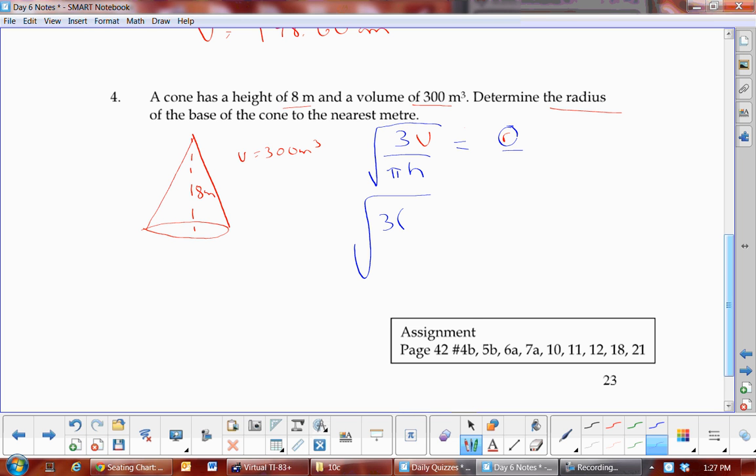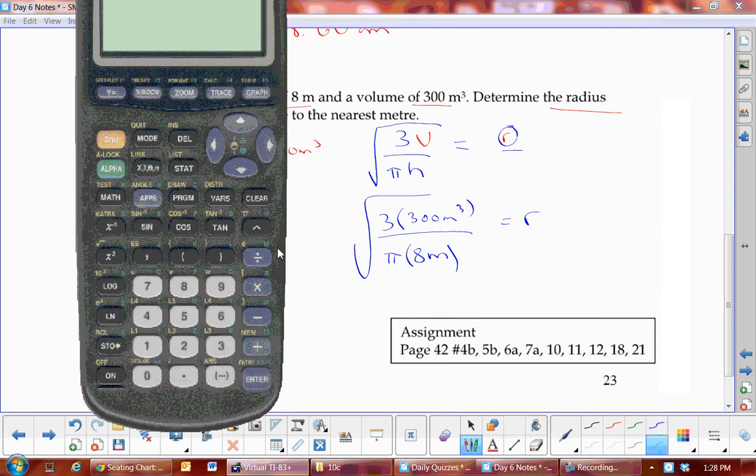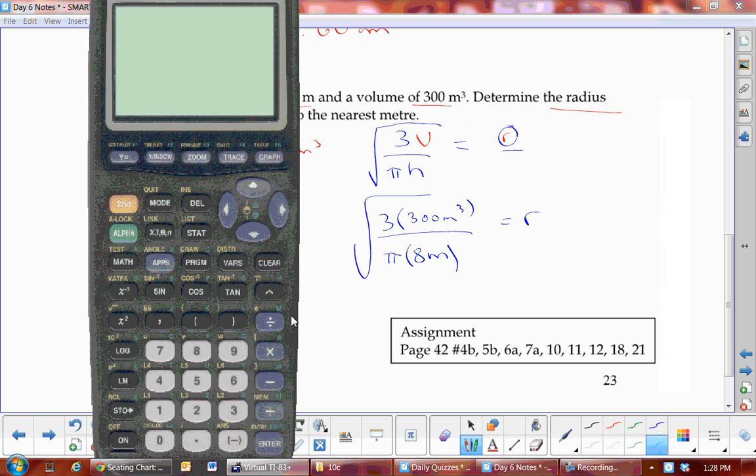3 times V is 300 meters cubed all over pi times 8 meters equals r. Now, again, it's always a challenge how to put this into your calculator. So maybe just see what I do here. Now, you got to know what your calculator does.